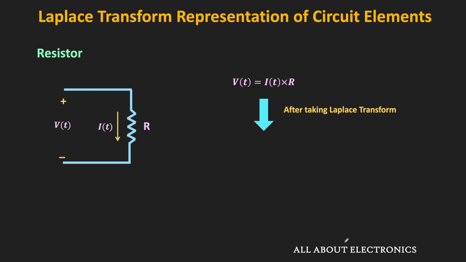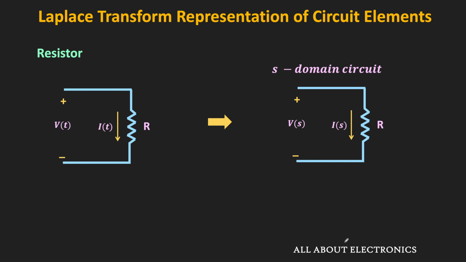So V of s is equal to I of s times R, or in other words, R is equal to V of s divided by I of s. That means for the resistor, the equivalent S domain circuit is the same as the time domain circuit.